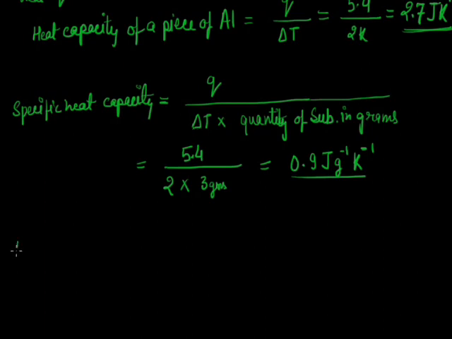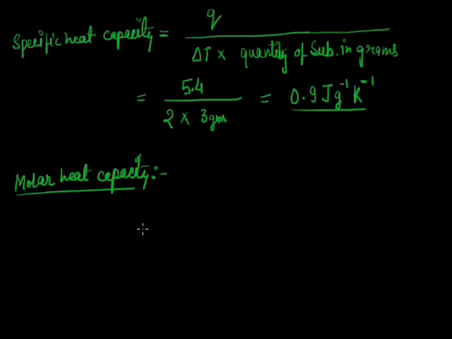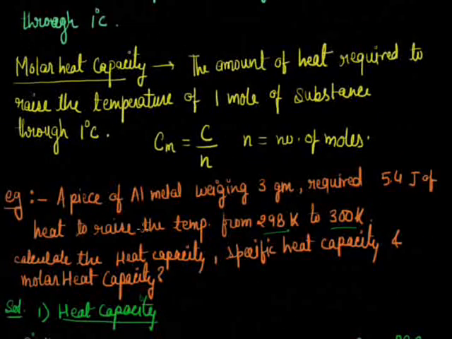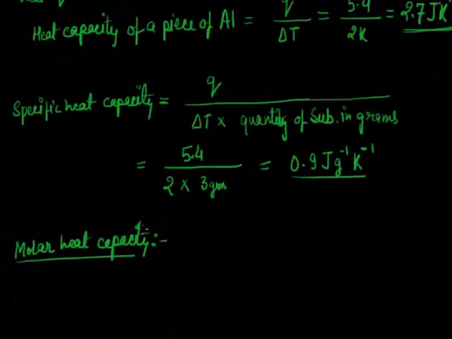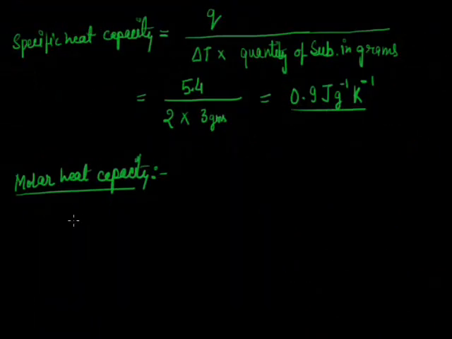Third, we should calculate the molar heat capacity. What will be the molar heat capacity? It is the quantity of heat required to raise the temperature of 1 mole of substance through 1 degree. So we must include the moles. First we calculate the number of moles of aluminium, from the 3 grams.